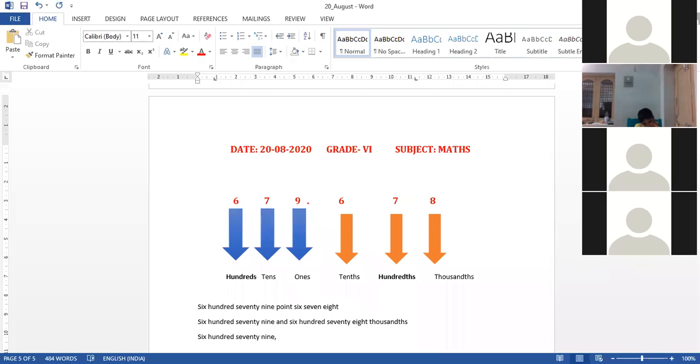Tenths place, so I can write 6 tenths, comma. 7 is present in which place? Hundredths place. 7 hundredths, comma. 8 is present in which place? Thousandths place.